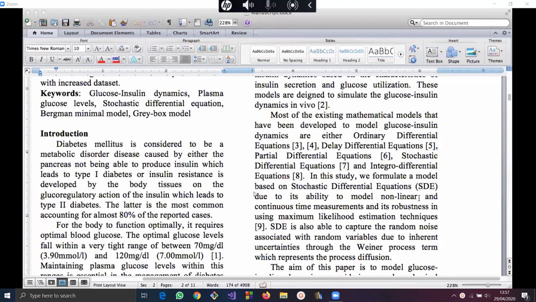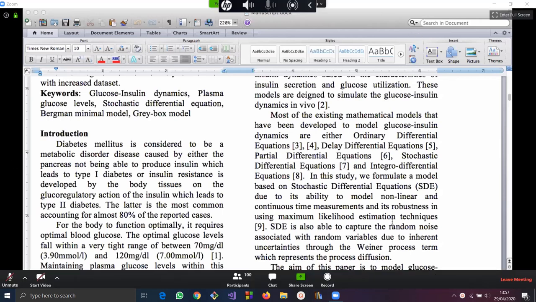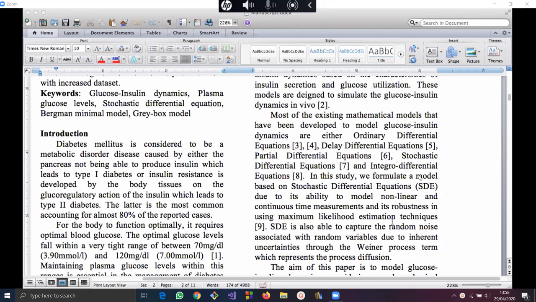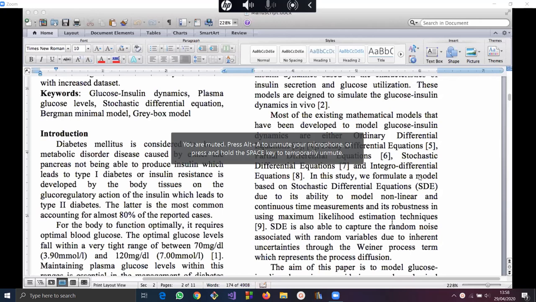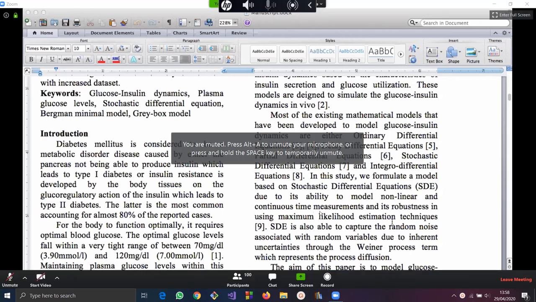And that is the essence of the class. The essence is we want to actually... this course. Guys, I hear you.